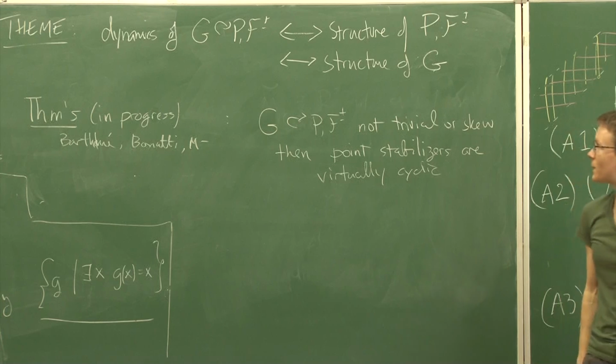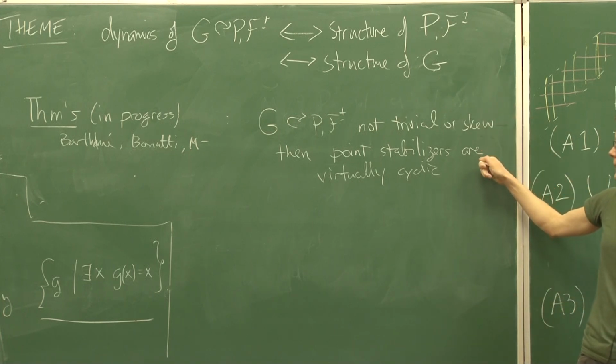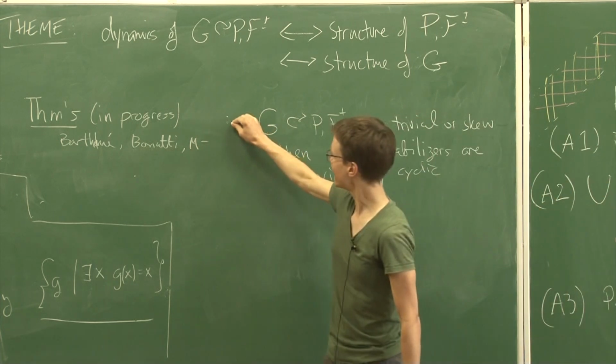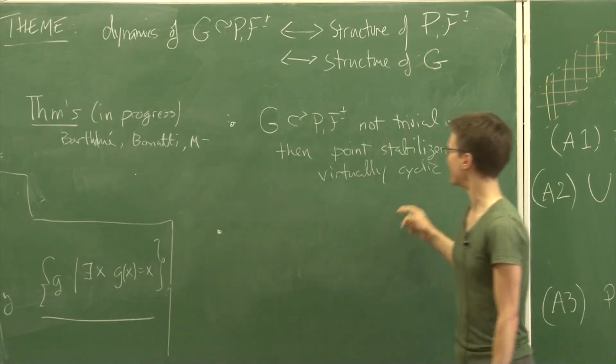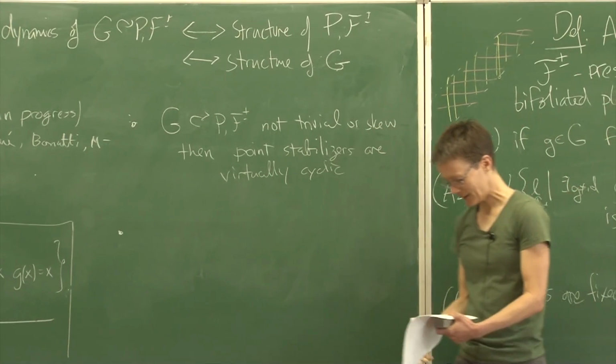Okay. So some structural feature of my plane gives rise to some dynamic, group theoretic structure of the action. You can make silly counterexamples in the trivial and skew case.